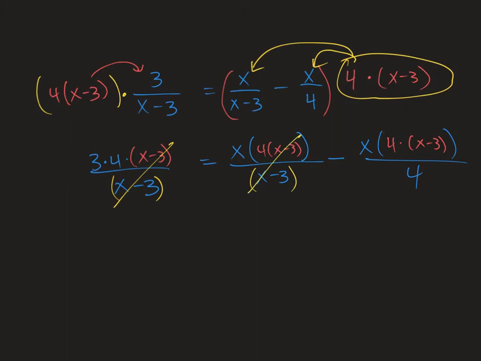And this 4 is just multiplied by 4, and so those cancel out. And we're left with 12 over here, and x times 4 in the middle, because the 4 is still there, minus, and then we're left with x times x minus 3.